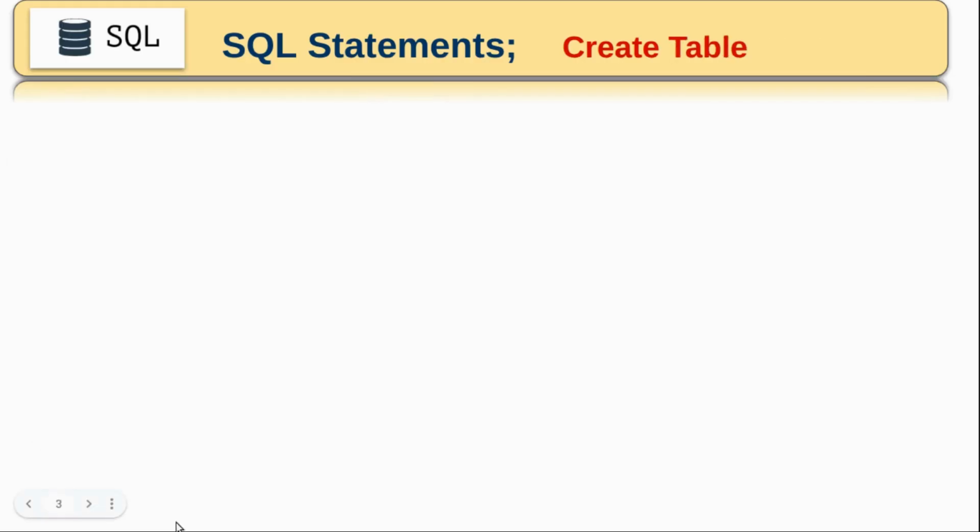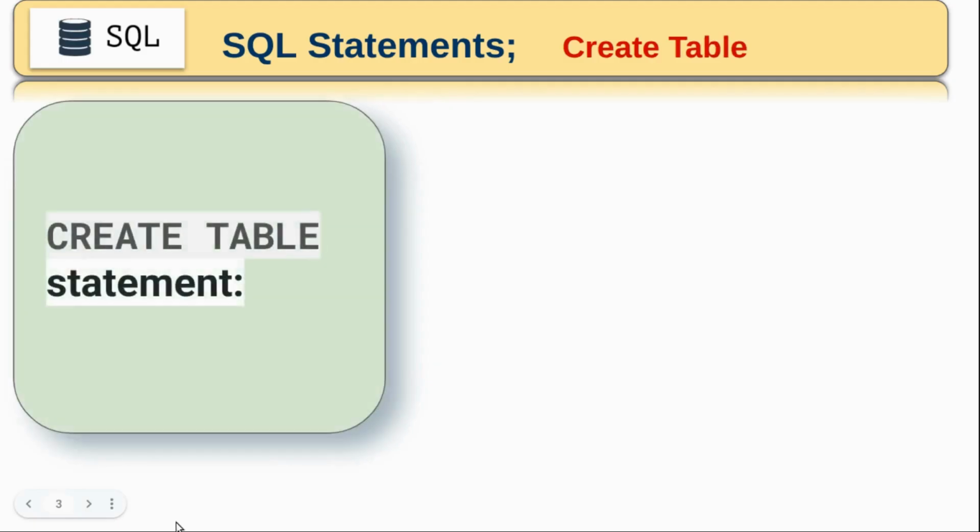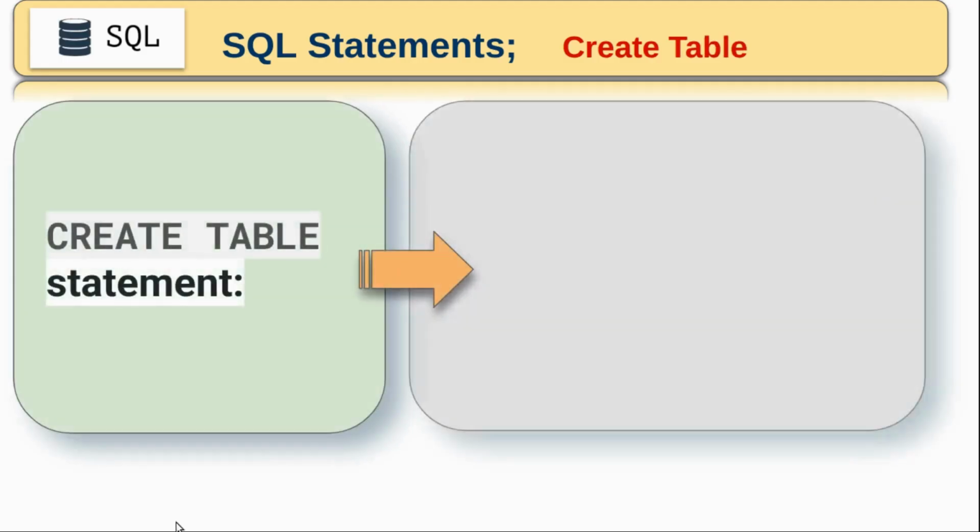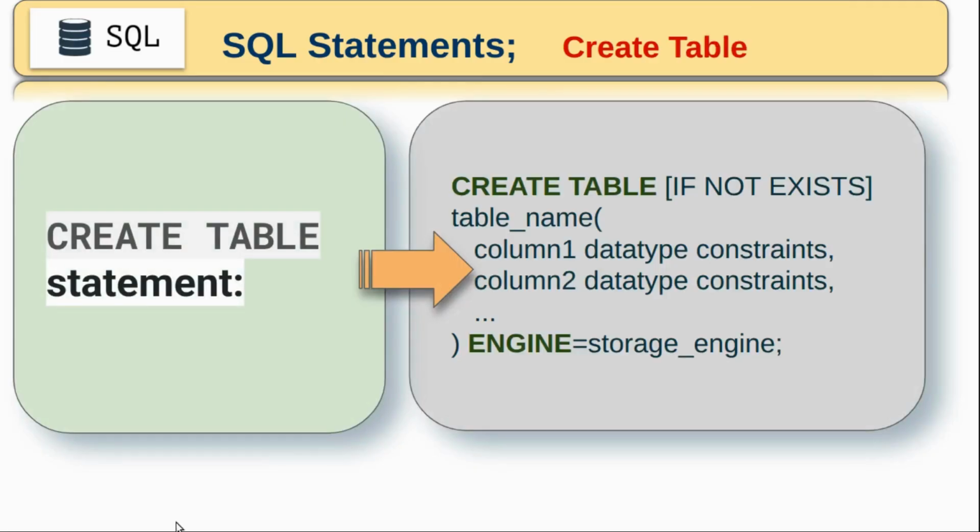The next point is how to create a new table inside the existing database. To create the new table we have to write CREATE TABLE IF NOT EXISTS. This is written because suppose we are creating a table that already exists in the database, it will create an error if we create a table with the same name.